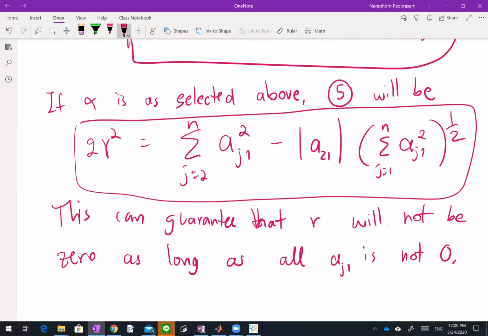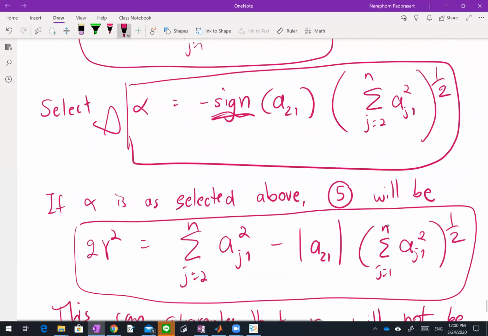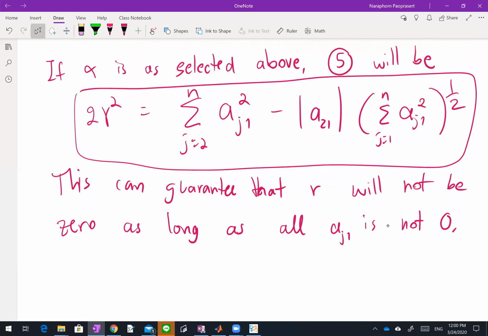So you can select any other choice of alpha too, but if you select alpha this way, then you can guarantee that you can also find the r that's non-zero. So we'll just do it this way.